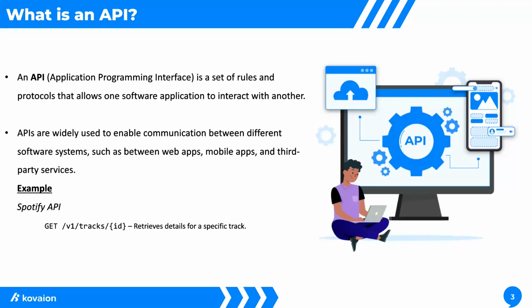For example, if you make a request to the Spotify API, as you see here, this is an API endpoint provided by Spotify. If we pass a particular track ID and hit the API, it will give a response with details of that particular track.